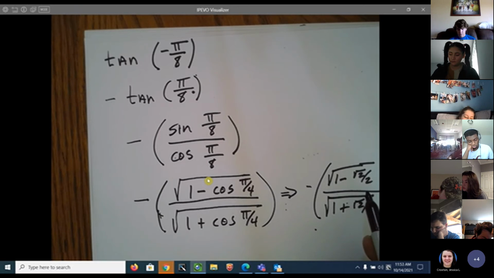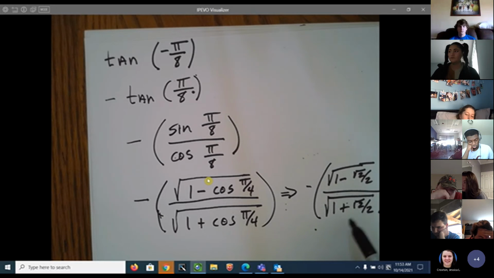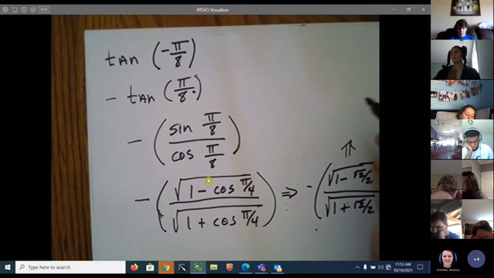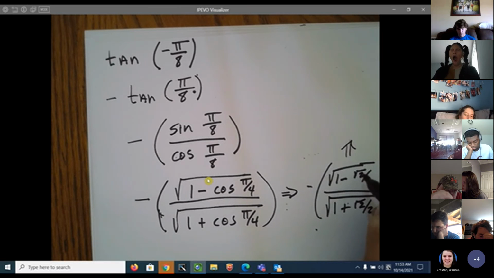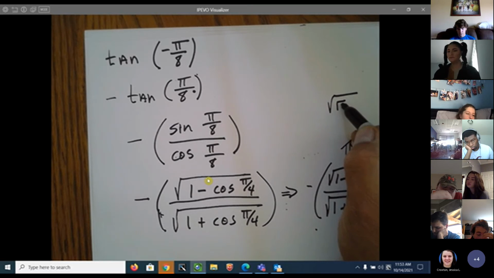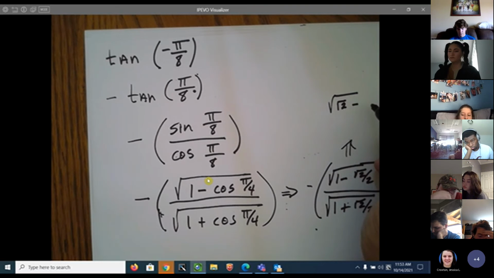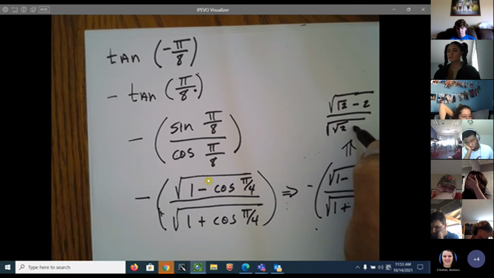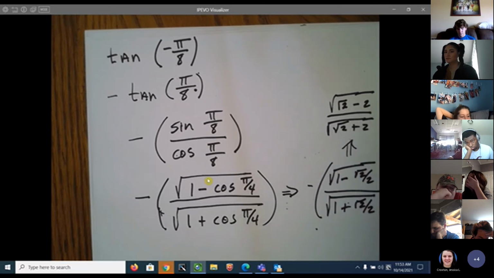Or you could leave this square root of 2 right here, and then that would be the square root of 2 minus 2 over the square root of 2 plus 2. Now that's one way to go.